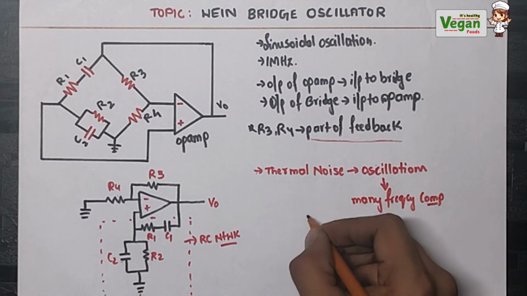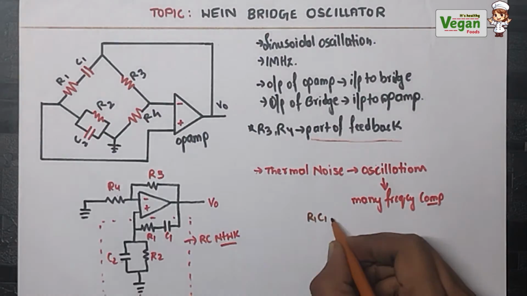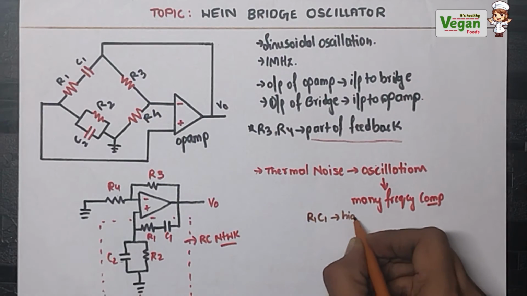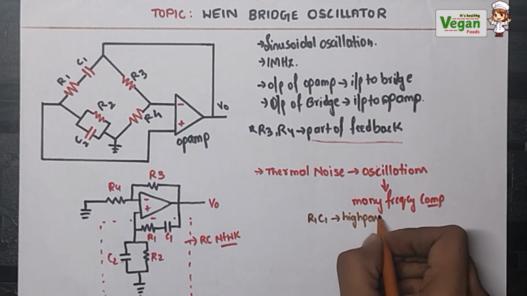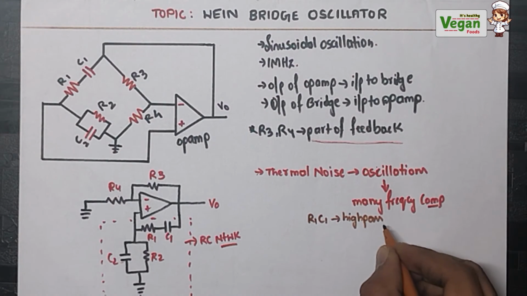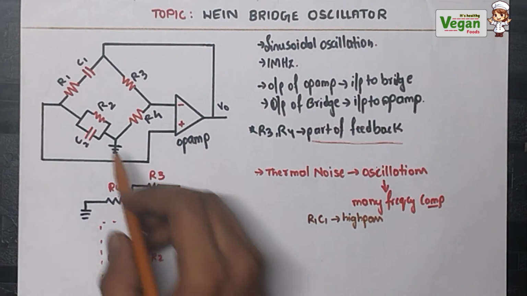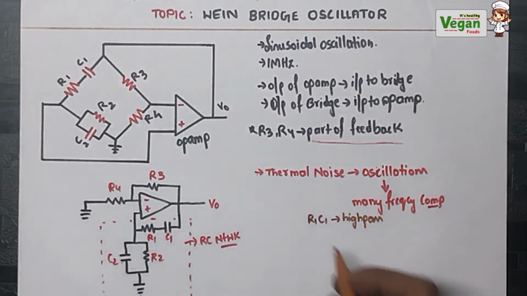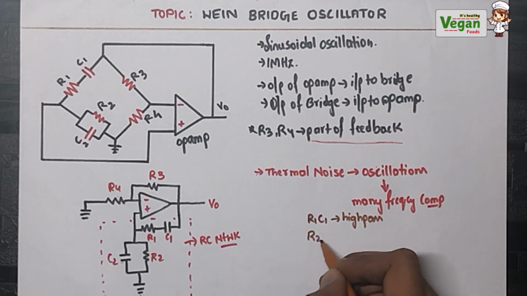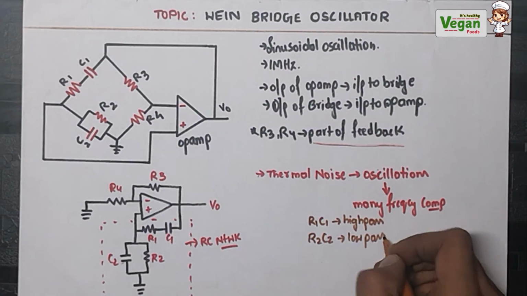At this condition, R1 C1, which are both in series, will act as a high pass filter. So this will not allow the high frequency component to pass through to the input. Next, R2 C2, which are in parallel, will act as a low pass filter.